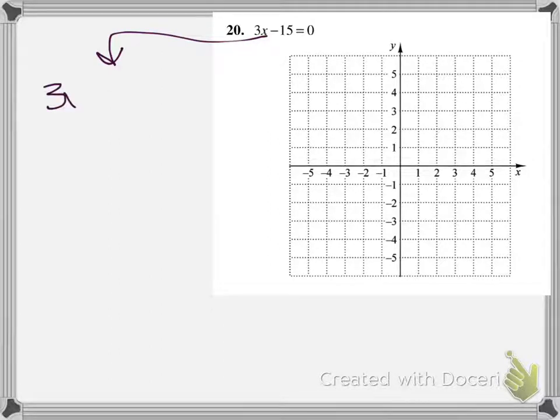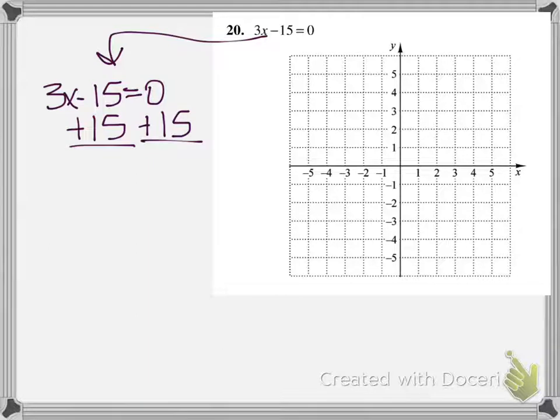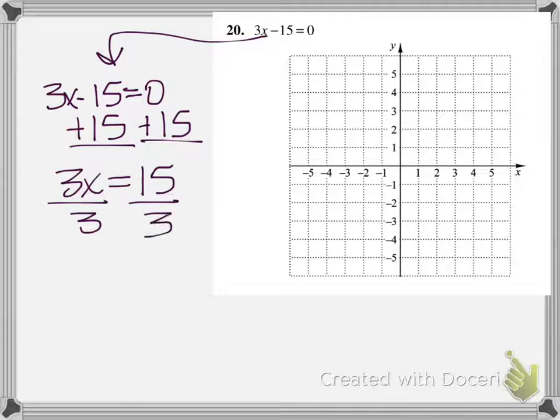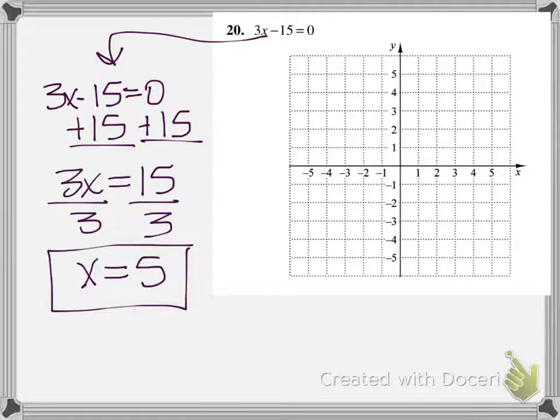So if we have 3x minus 15 equals 0, I need to solve the equation for x. So that's going to be 3x equals 15, divide by 3, so x equals 5. So what that means is I have an x equals 5 equation.